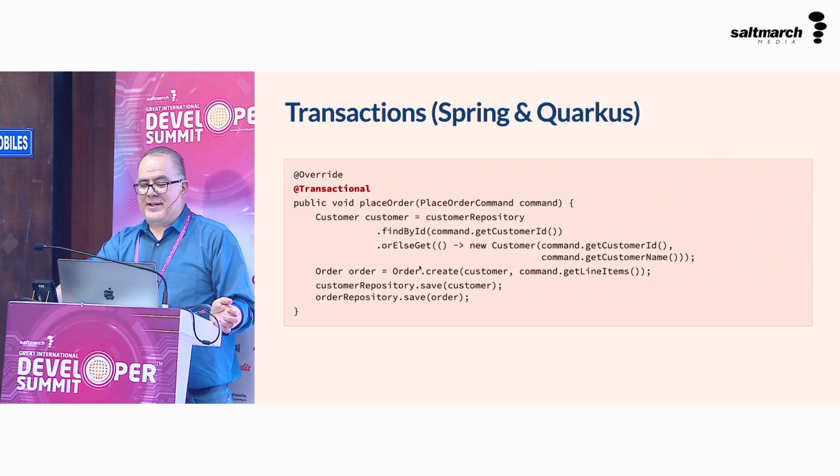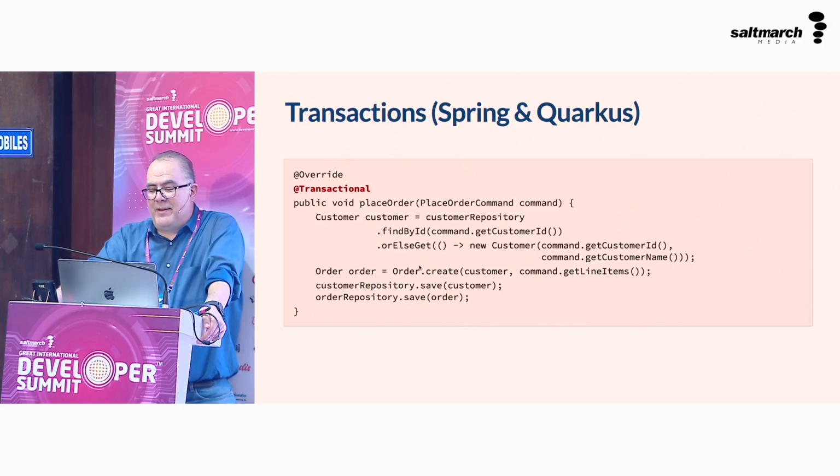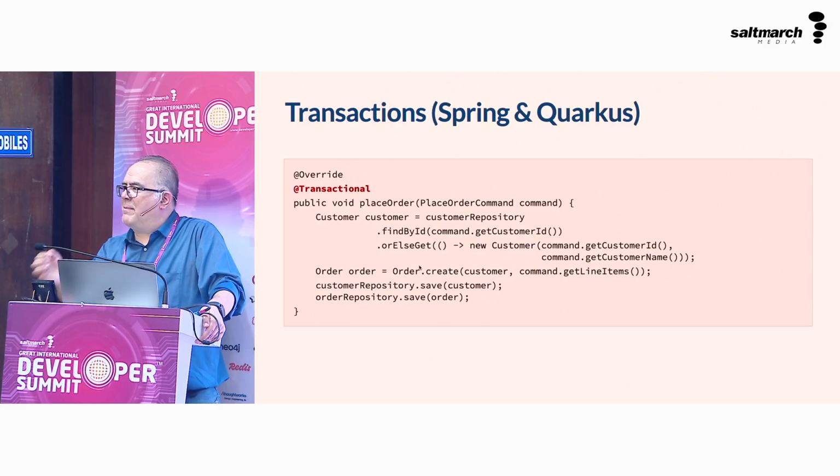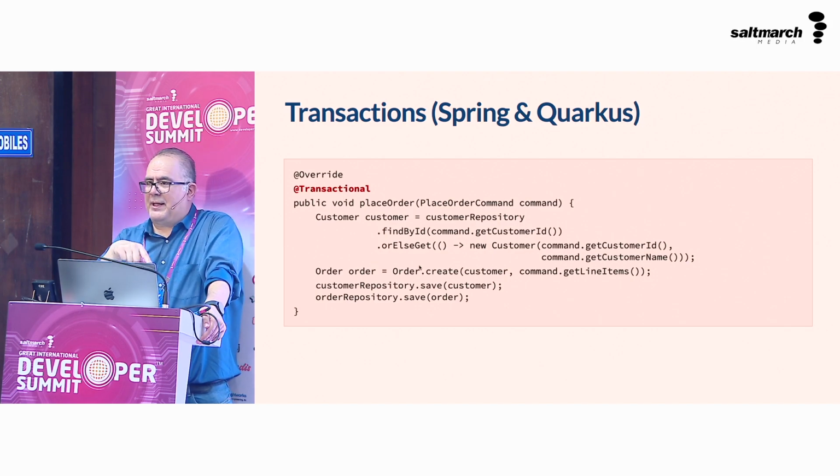I've been staring at this thing for the large majority of the year, and just staring at it and wondering to myself, why is that there? And it should be there. I'm not saying it shouldn't be there. It should be there. But transactional is a database thing, and this is in the application layer, not in the infrastructure layer, right?